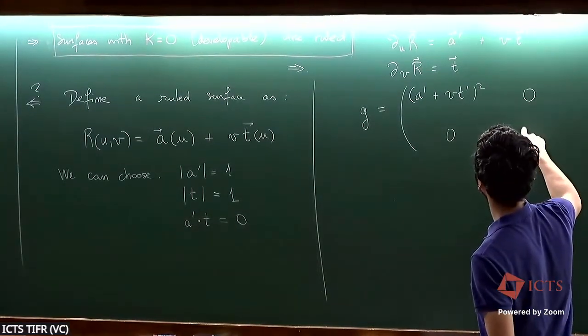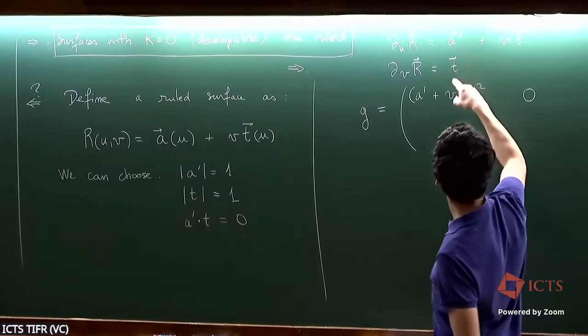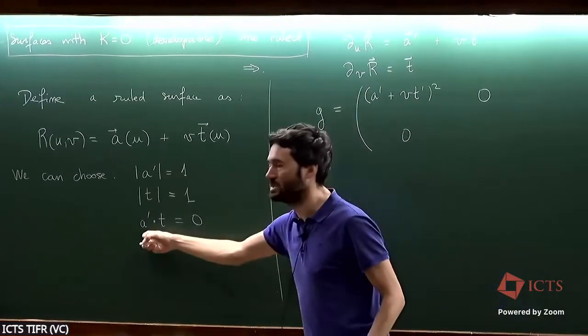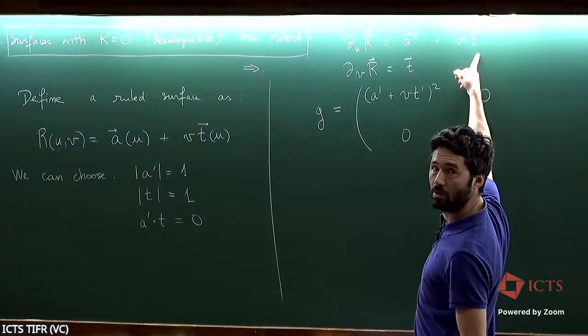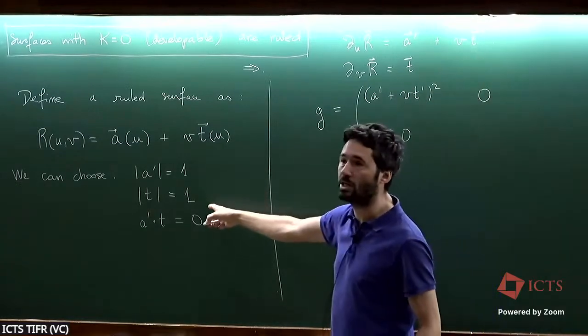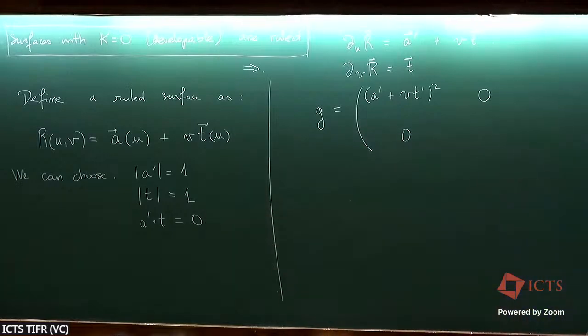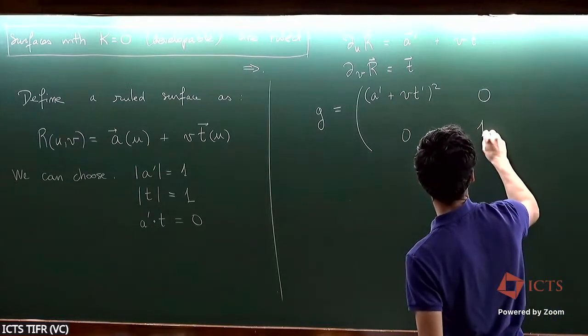And for the T component, 0, because when I take the scalar product, I have T scalar A prime, which is 0, and T scalar T prime, which is 0 because T is normalized. And at the end, T scalar T is just 1.